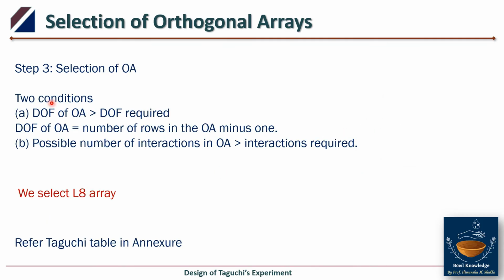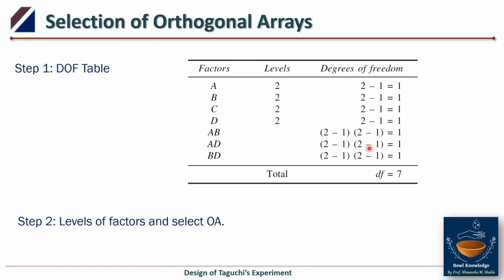So the DOF of my OA should be greater than 7. And number 2 is the possible number of interactions in OA should be greater than the interactions required. So how many interactions are required? 3 interactions are required. So whatever array I select, it must have provision to incorporate 3 interactions.